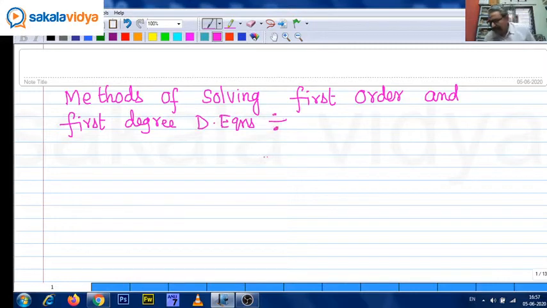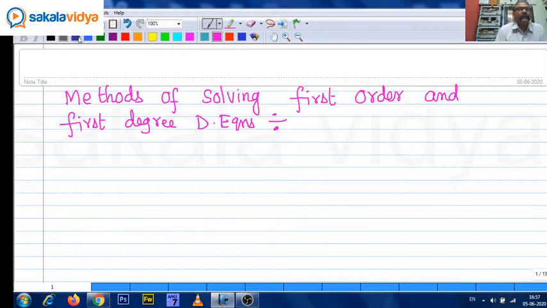First, let us concentrate on this. At this level, we will see how to solve differential equations whose order is 1 and whose degree is 1. First order and first degree differential equations.